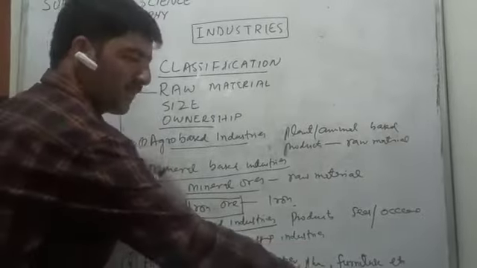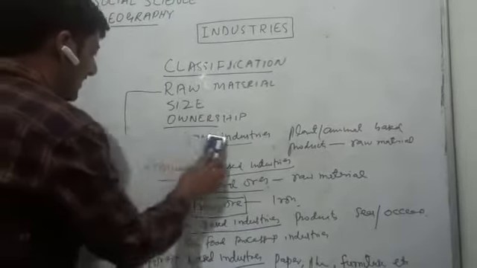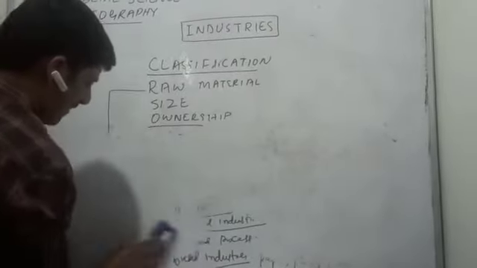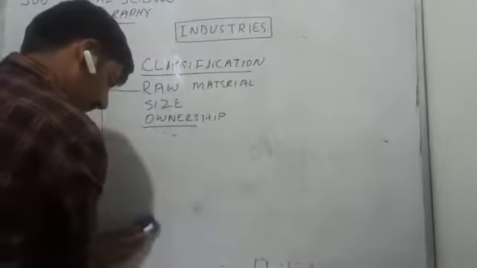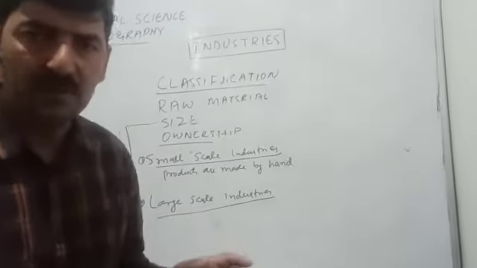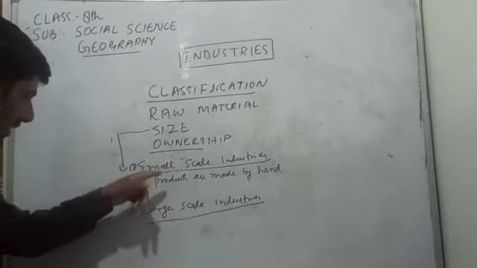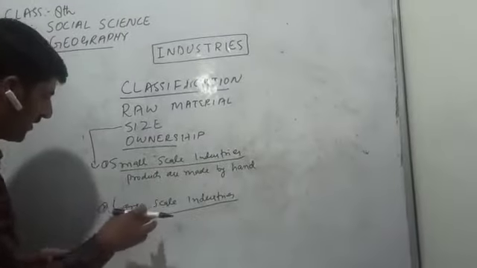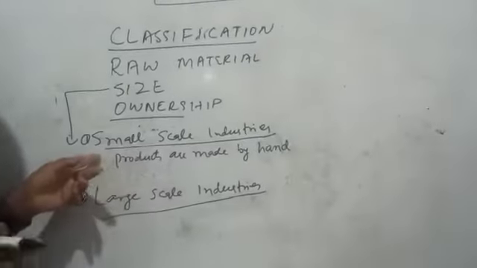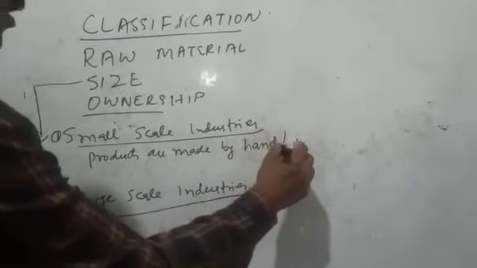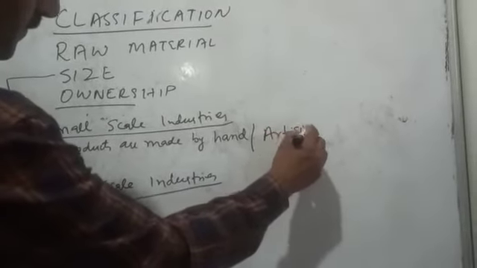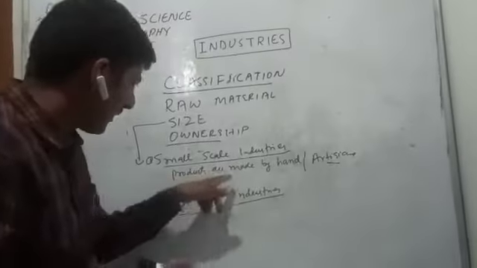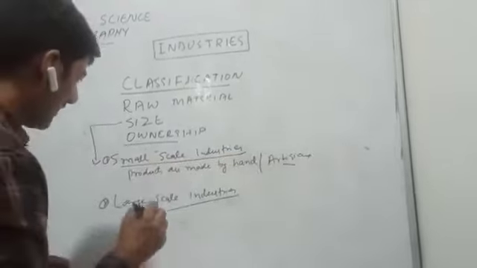Now on the basis of size, we have 2 types of industries: small scale industries and large scale industries. Small scale industries are those where products are made by hand or by artisans, like basket weaving.